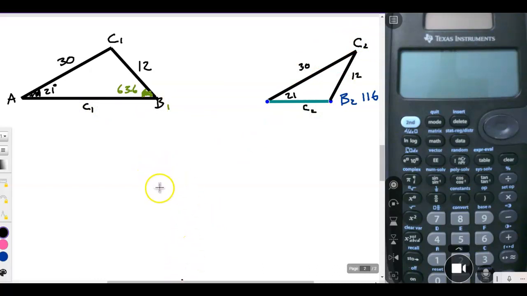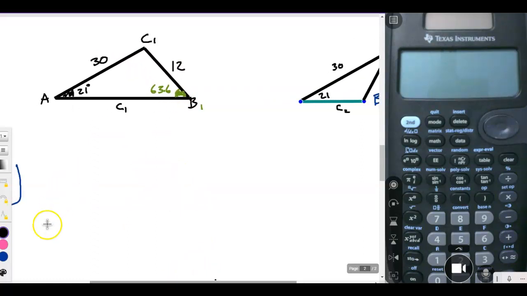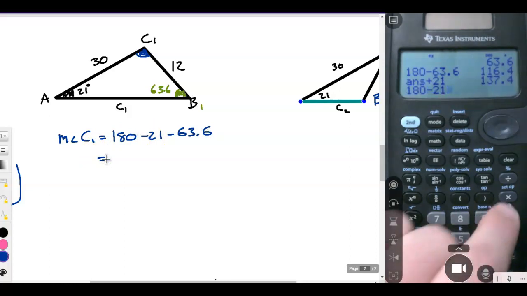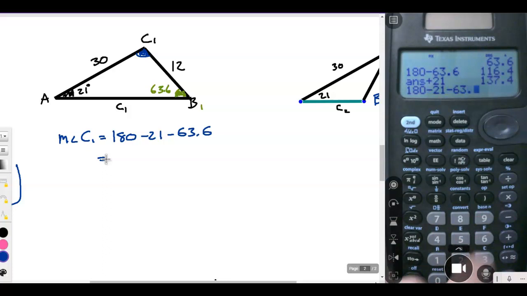So basically, at this point, it's just doing the same thing we did on other problems. So let's do the angles. So C1. All we have to do is subtract from 180 the 21 and the 63.6. 180 minus 21 minus 63.6.